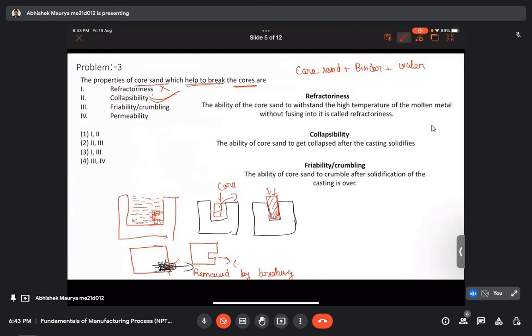Basically, what happens when we give some impact load or hammer it is that only a very small part is deformed and broken, and it comes out. What is happening here? The core is being converted into very small particles or crumbles.